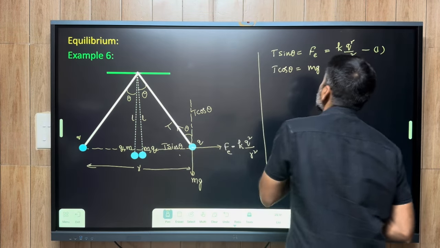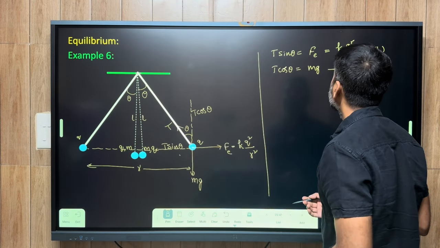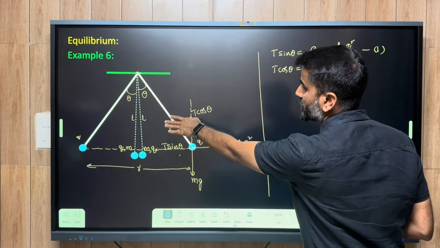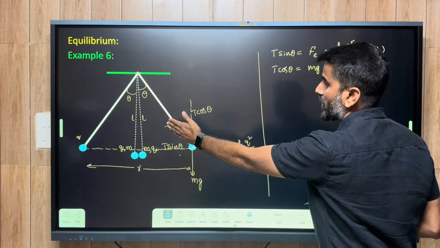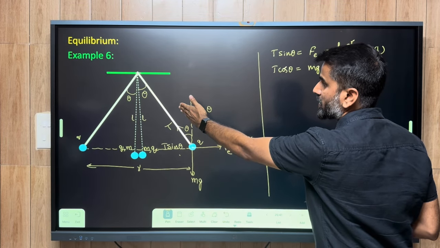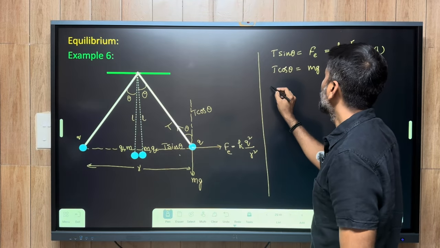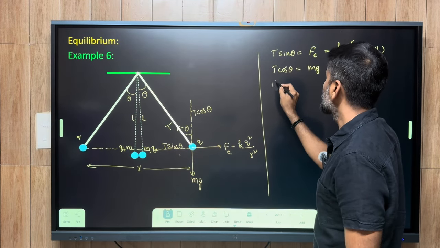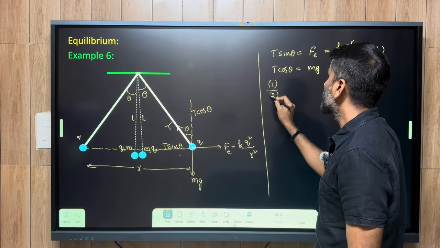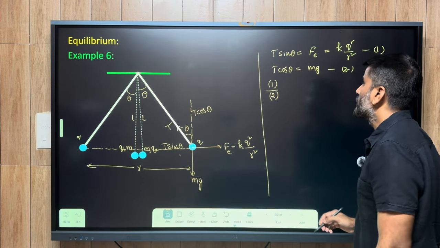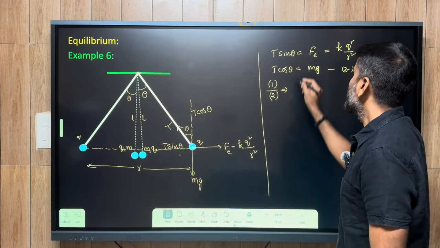Now, in order to get the angle which the strings make with the vertical, let's take equation 1 divided by equation 2.